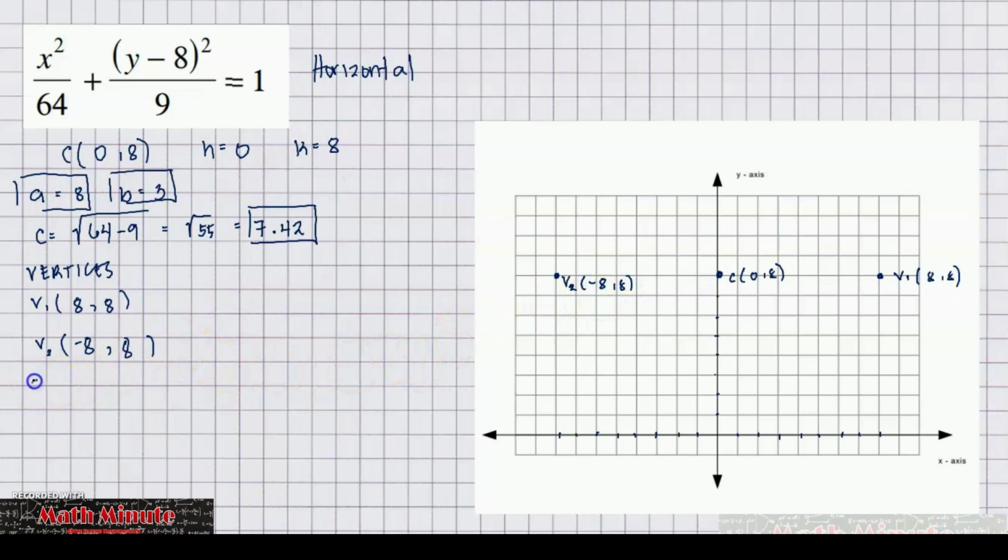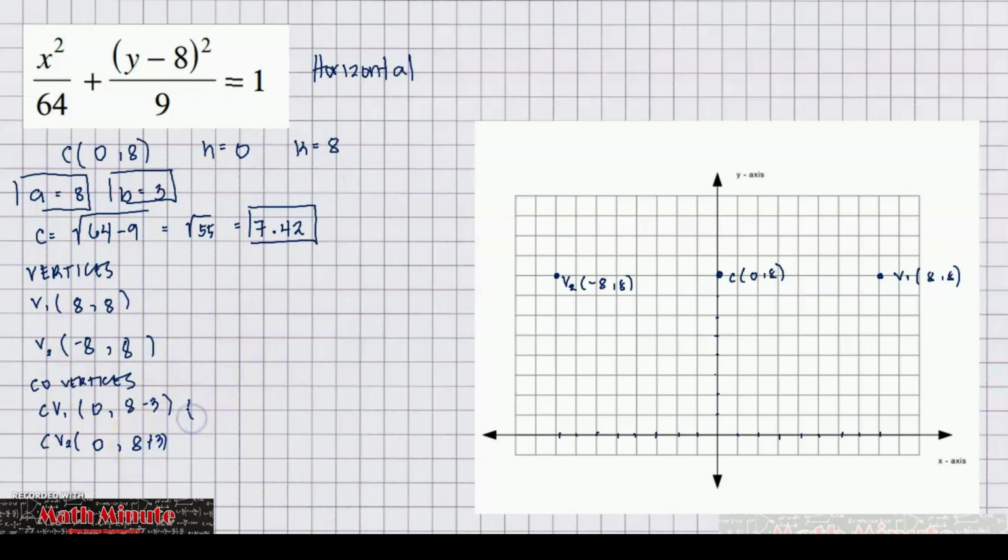For your co-vertices, CV sub 1, CV sub 2. So copy H, then for K, that would be 8 minus 3 and 8 plus 3.